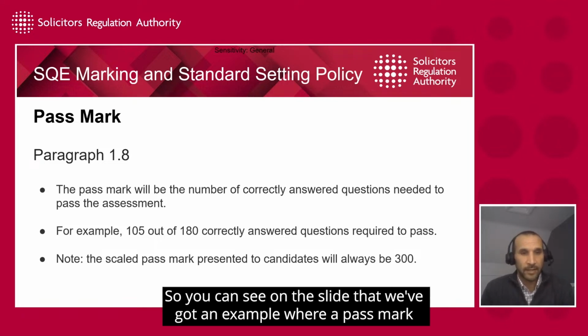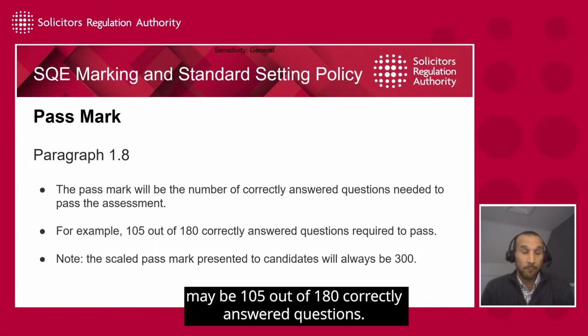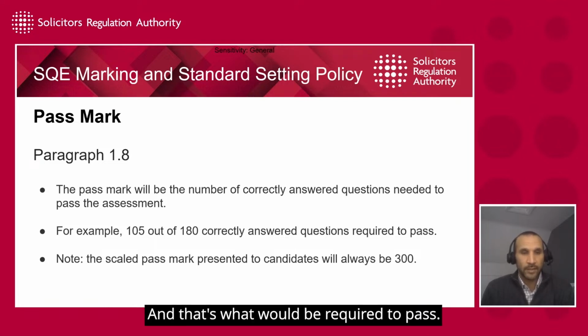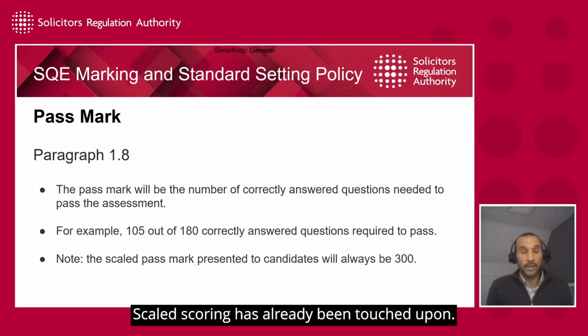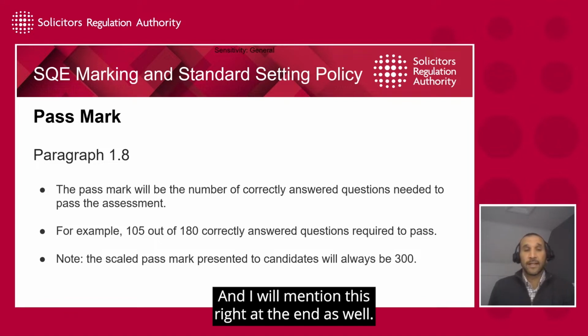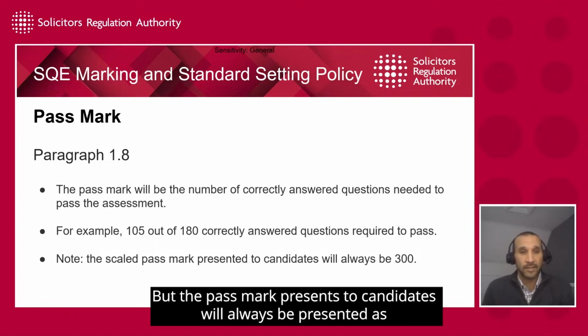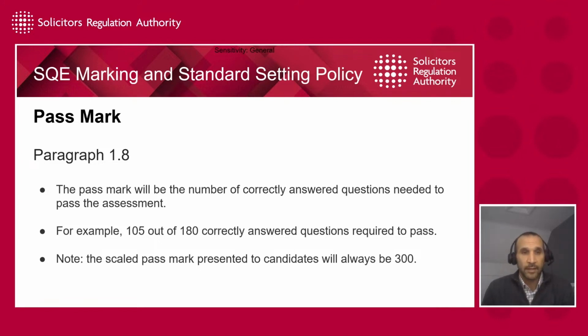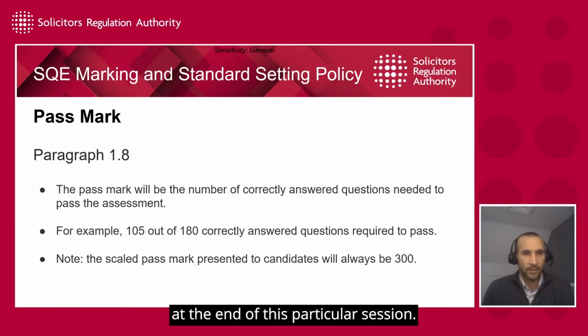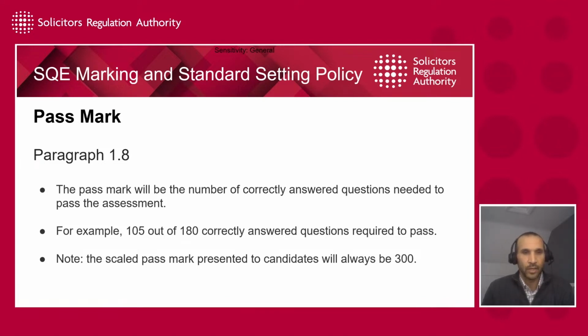You can see on the slide an example where the pass mark may be 105 out of 180 correctly answered questions, and that's what would be required to pass. Scale scoring has already been touched upon, and I will mention this right at the end as well, but the pass mark presented to candidates will always be presented as a figure out of 300.